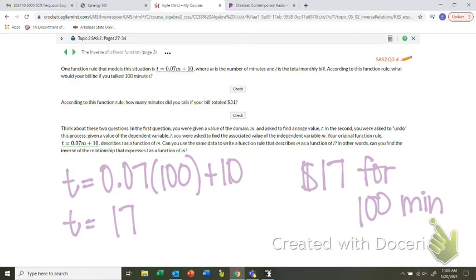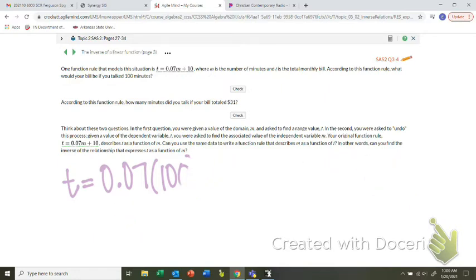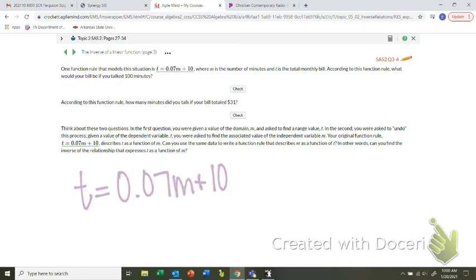Now, to answer number 4, it says using the same function rule, how many minutes did you talk if your bill totaled $31? So now we are solving for M, versus solving for T. We're still using the same function rule, T equals 0.07 m plus 10, except this time we're plugging in $31.